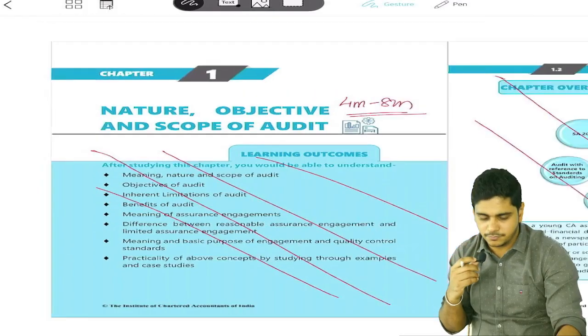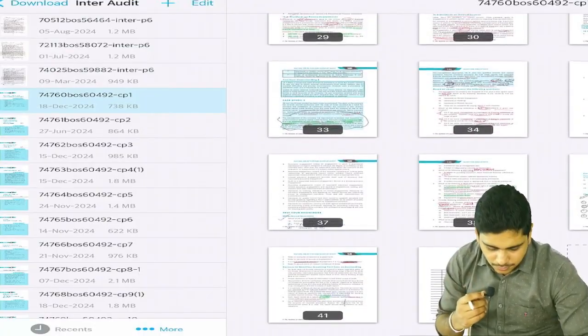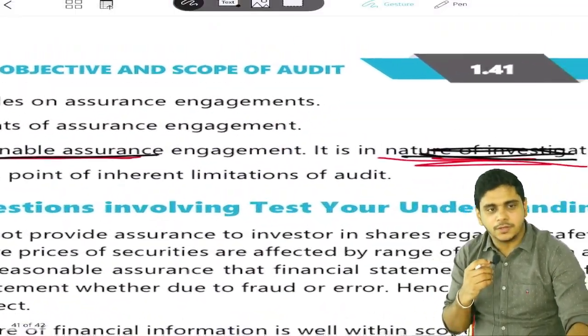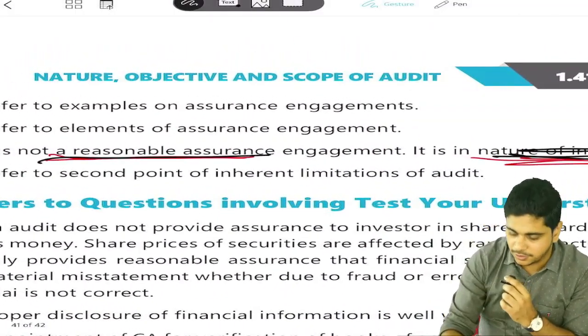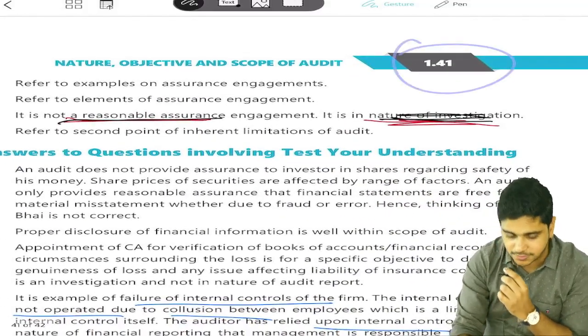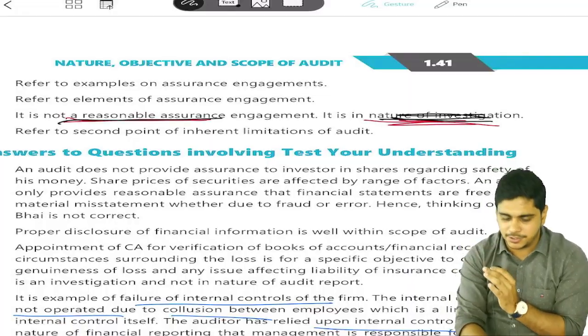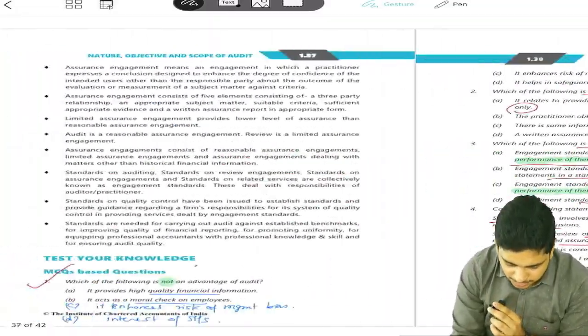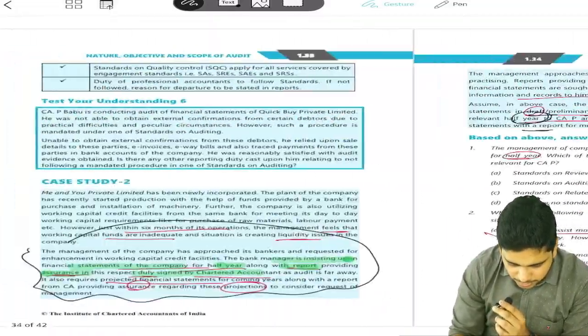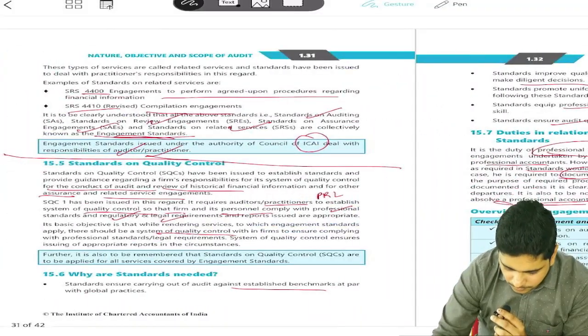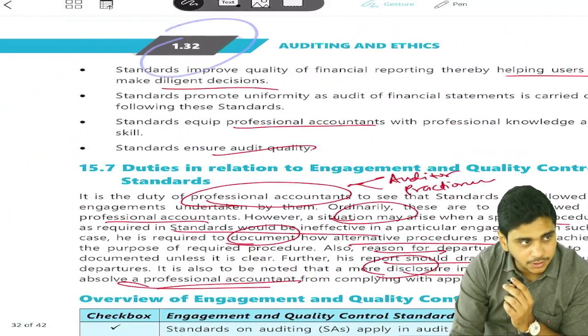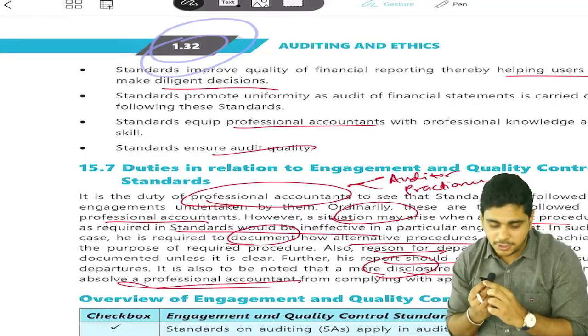Now listen. In the module, they have given a total of 40 pages. So it's a 40-page chapter. Now if I see the content, it is 32 pages only. After page 33, there are questions.